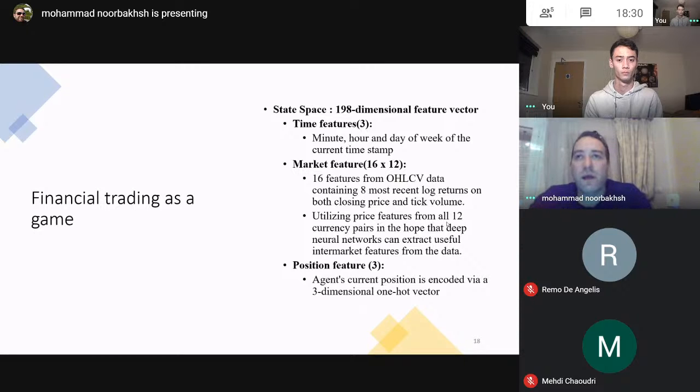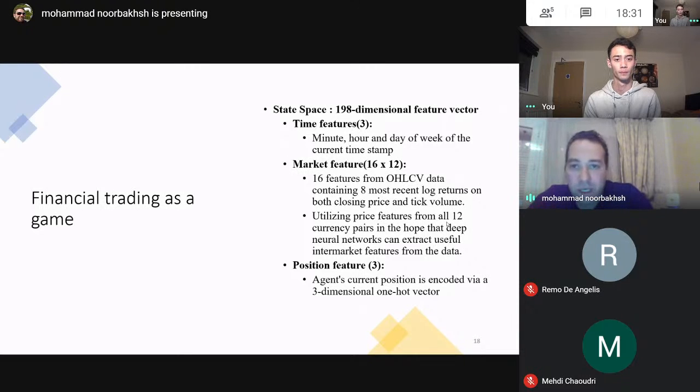For example, when the major stock markets are open, the FX market behaves differently because it's affected by the stock market or the news. So that's why they included these time features for the states.